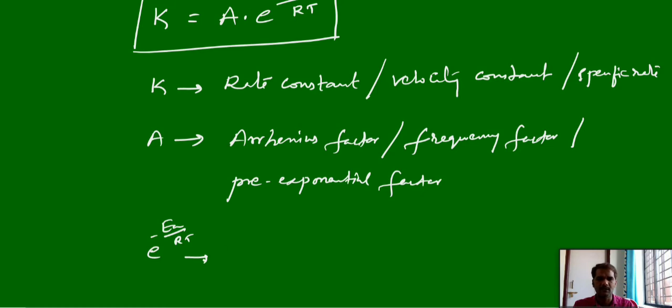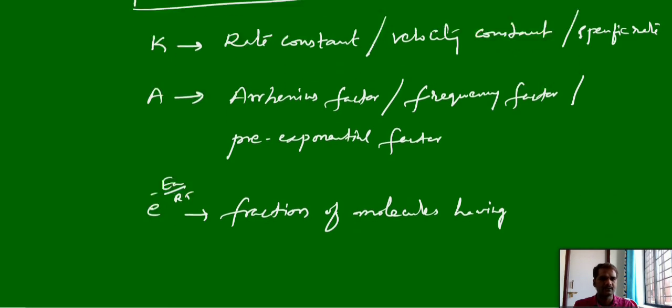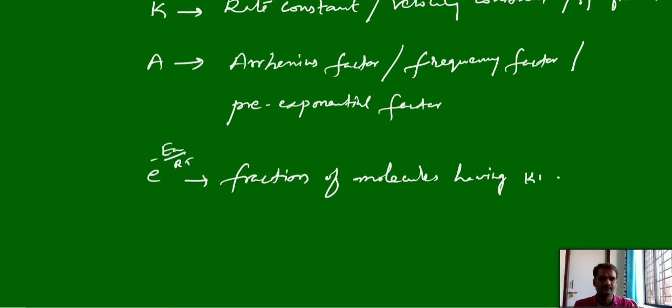This is the fraction of molecules that can cross the energy barrier, or the fraction of molecules having kinetic energy more than the activation energy, Ea.